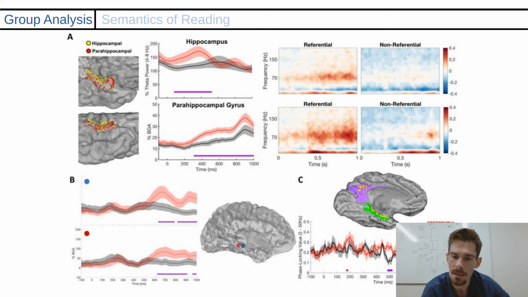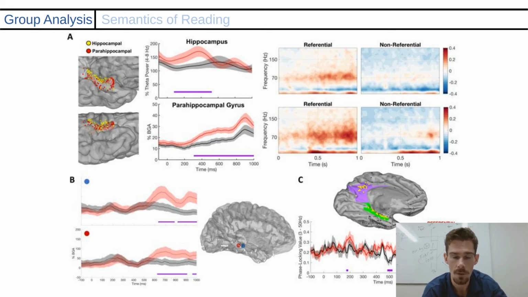I've plotted a couple of exemplar electrodes in panel B, and then in panel C, we again looked at functional connectivity between our regions of interest, and we show that between MPC and hippocampus, the functional connectivity for sentences that were meaningless or incongruent actually dropped.